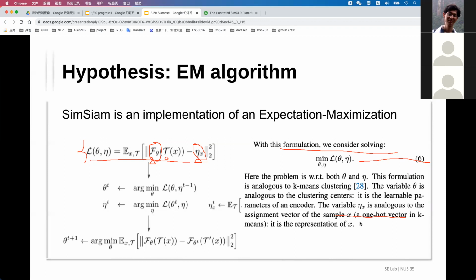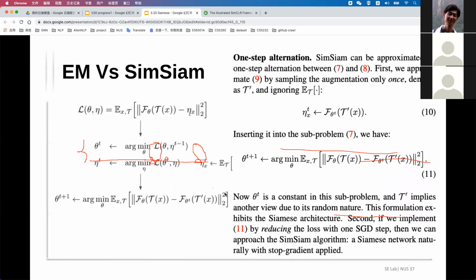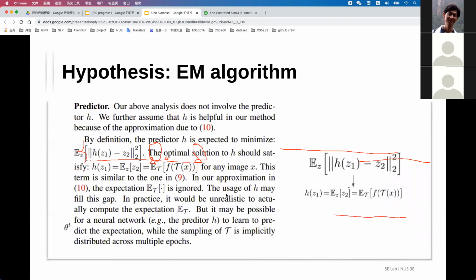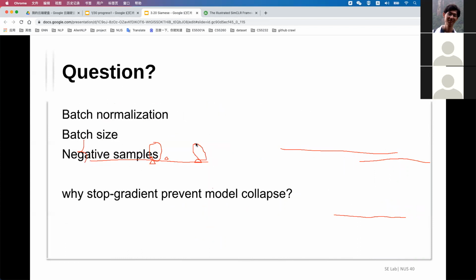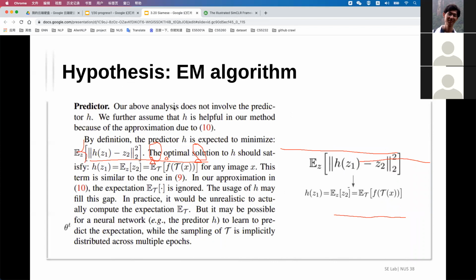Okay, let's skip these ones. What is the takeaway? What do you mean? Takeaway is conclusion. The conclusion is just that they think the Siamese network is actually a kind of expectation maximization algorithm.